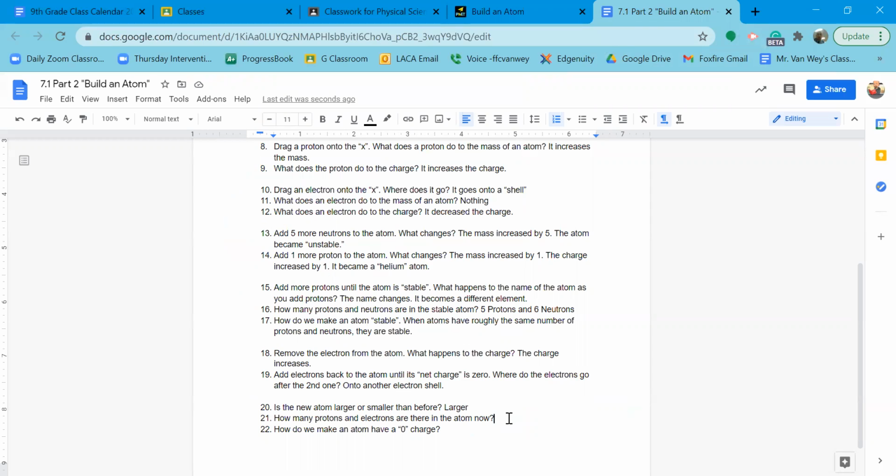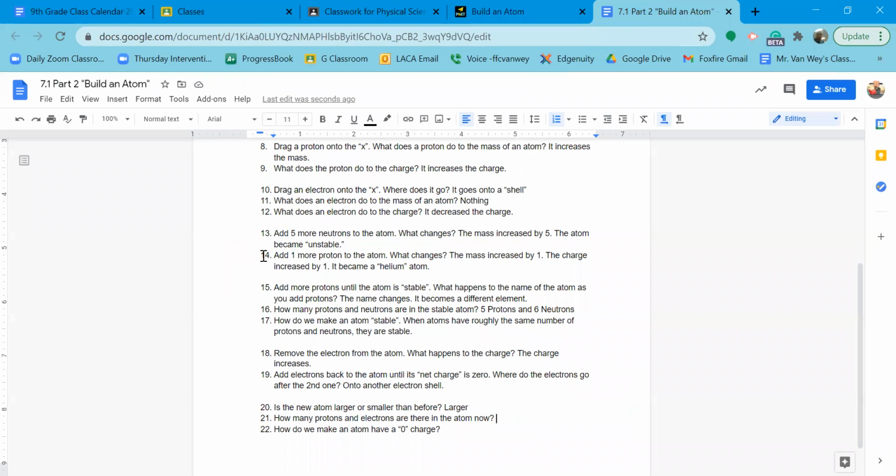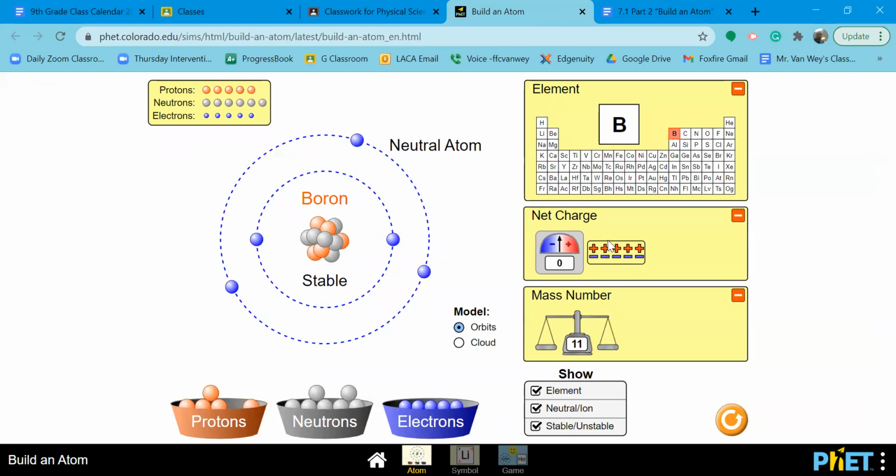How many protons and electrons are there in the atom now? Well, let's look. It looks like we've got 5 and 5. How do we make an atom have 0 charge? Atoms have a 0 charge when they have exactly equal numbers of protons and electrons.